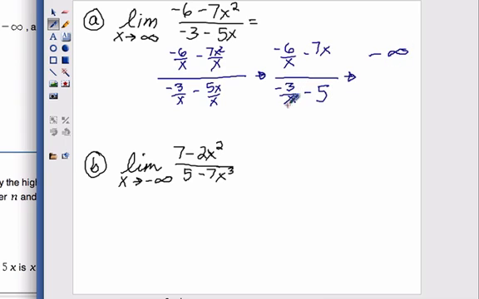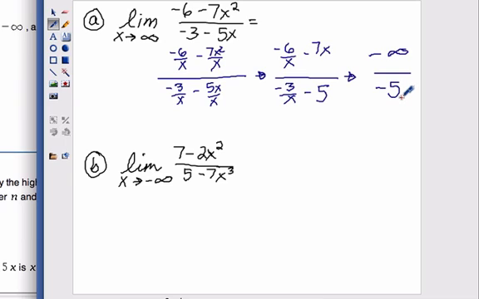And then we look at the denominator part. We do the same thing. Negative 3 over x, as x gets bigger, will become closer and closer to 0. And 0 minus 5 would be close to negative 5. So if I have a really large negative number and I divide it by a negative 5, what's happening to that?